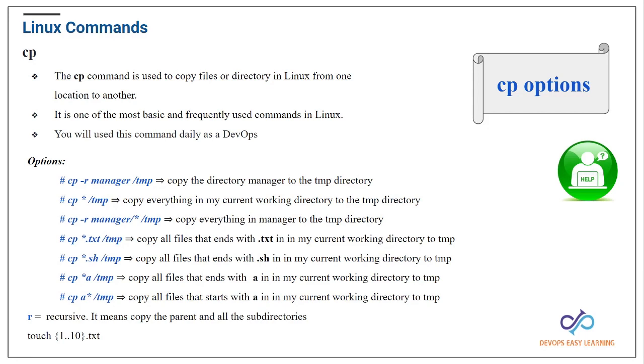Let's say you have 100 text files that end with .txt, and you want to copy those 100 text files and drop them in a specific location. Are you going to copy one after another? The answer is no. You can take advantage of what I'm going to teach you now. You can match with a wildcard, the star, and copy everything that you want.